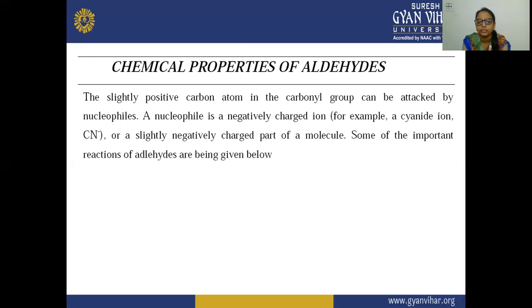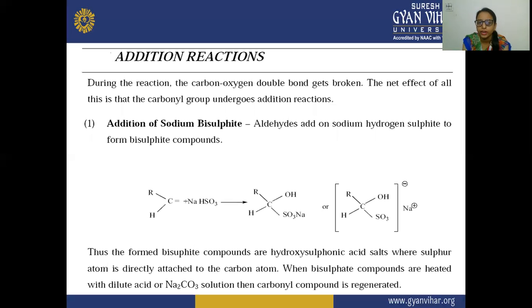This cyanide ion is negatively charged and has the capability to donate its electrons, or it can be a slightly negatively charged part of a molecule. The reactions of these aldehydes are given next. So the first is your addition reaction.